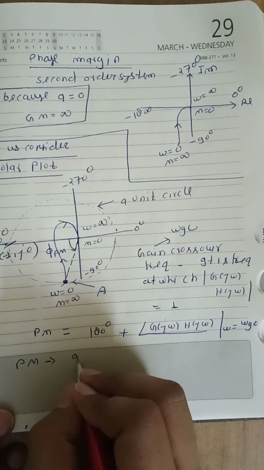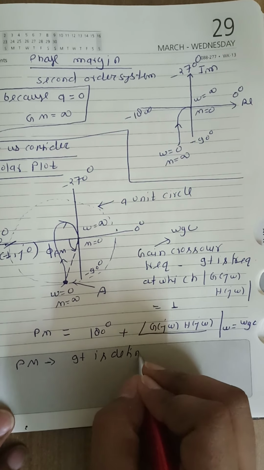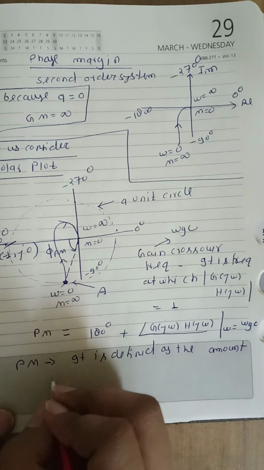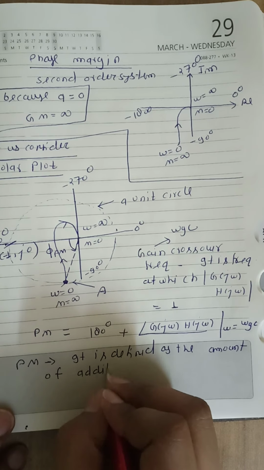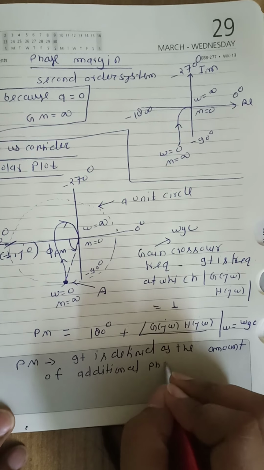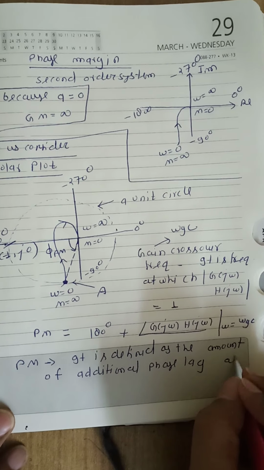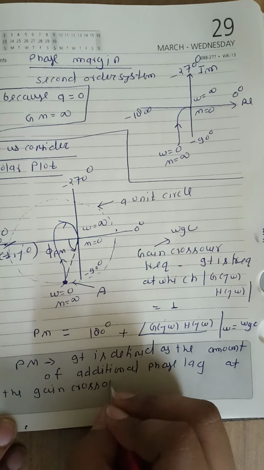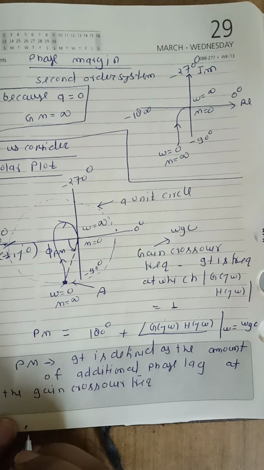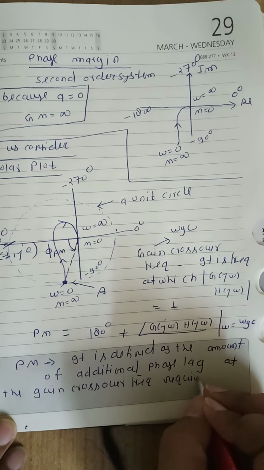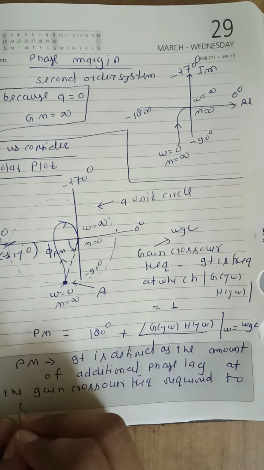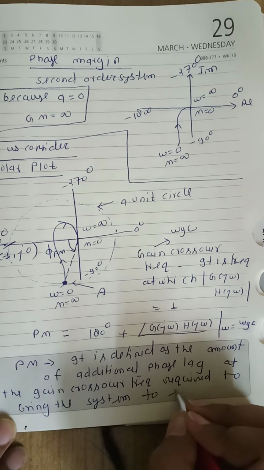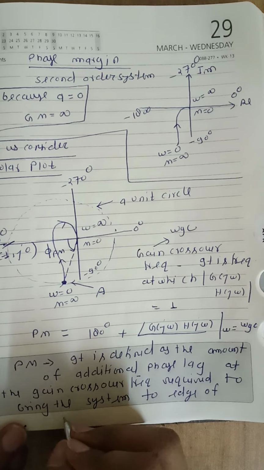Phase margin is defined as the amount of additional phase lag at the gain crossover frequency required to bring the system to the edge of instability.